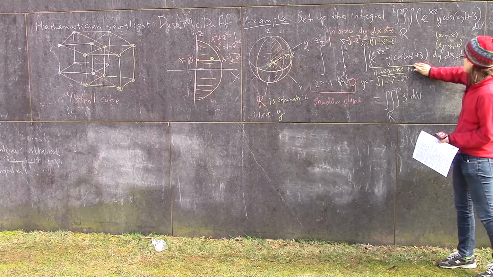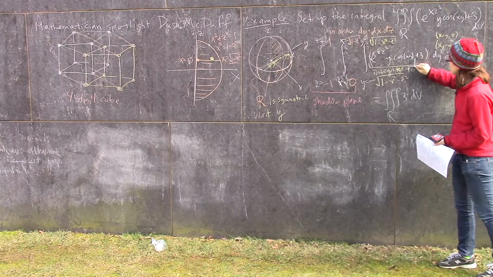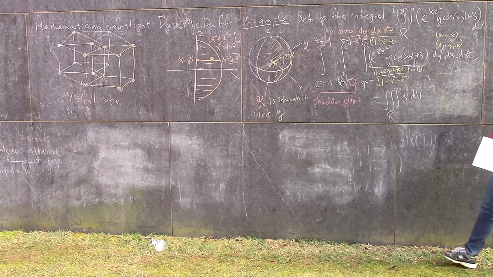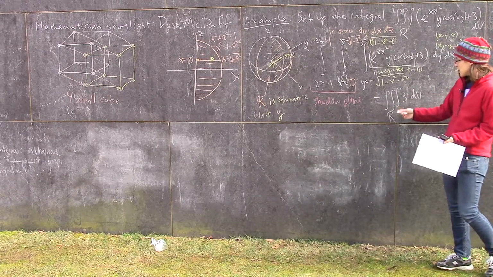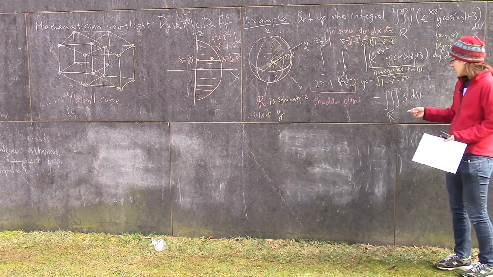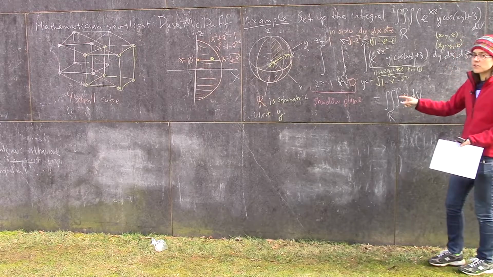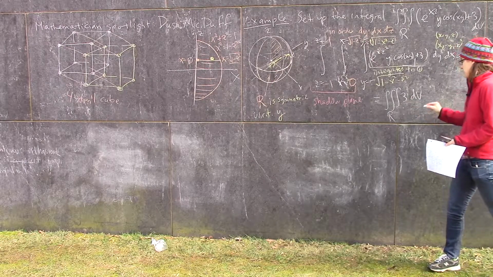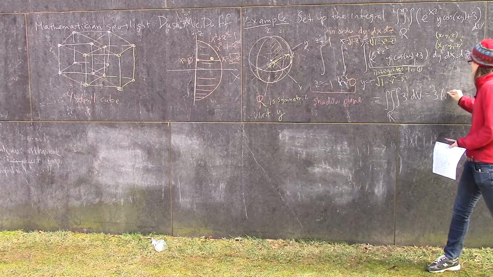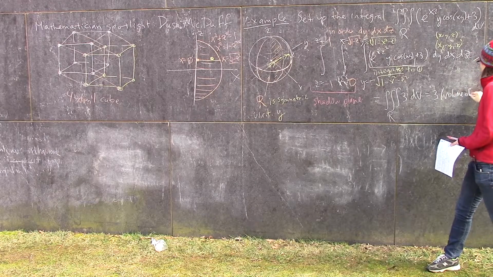So the part that integrates to 0 stops there at the crazy function. The 3 was not related. So it's just integrating 3 over this region. We know if we integrated 1 over the region, we just get the volume of the region. So here we just get 3 times the volume of R.